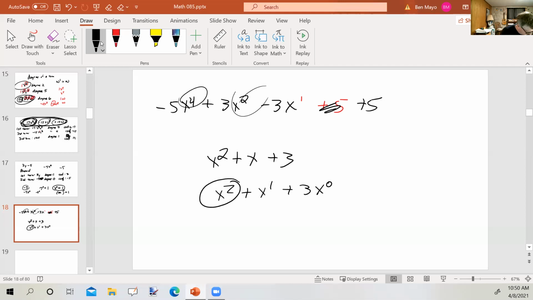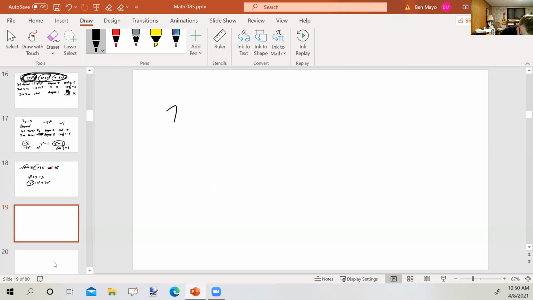How about this? 7/8 t to the 10th power minus 1/8 t to the 16th power. What kind of polynomial is this? How many terms are there? There are 2 terms.